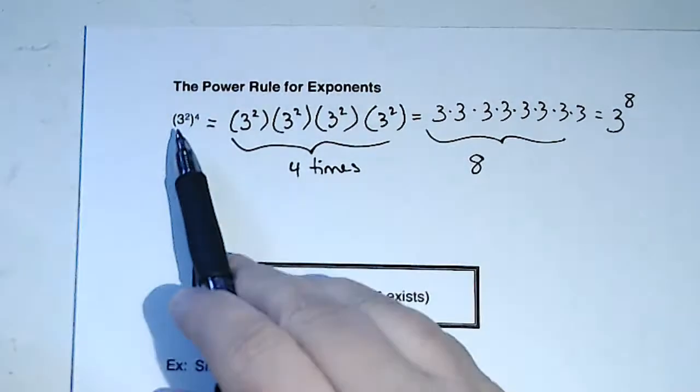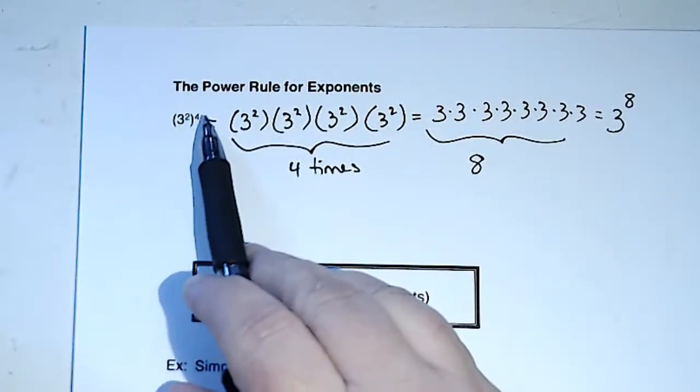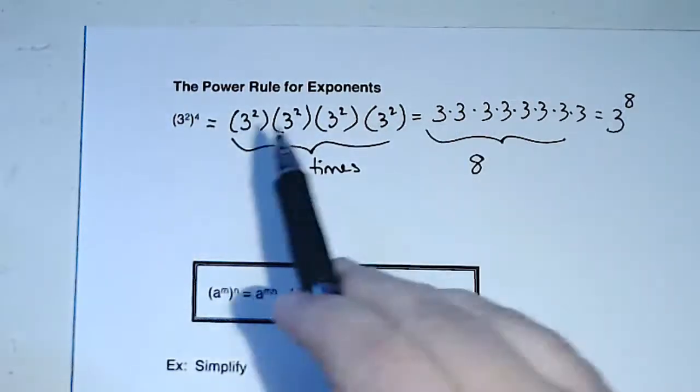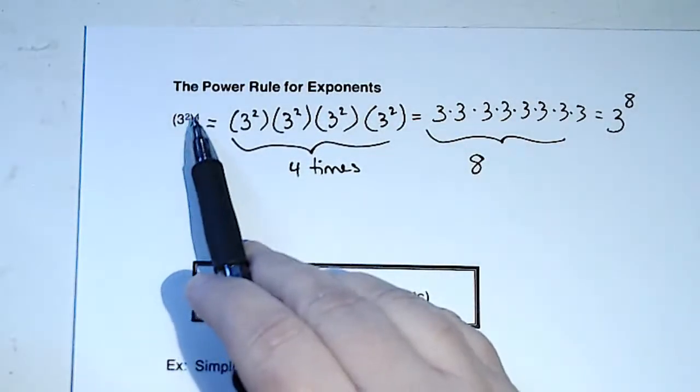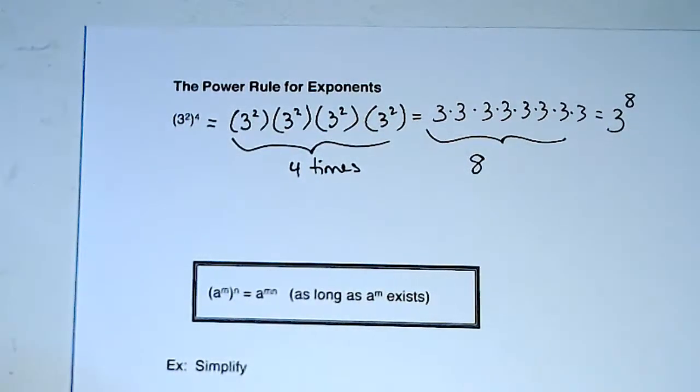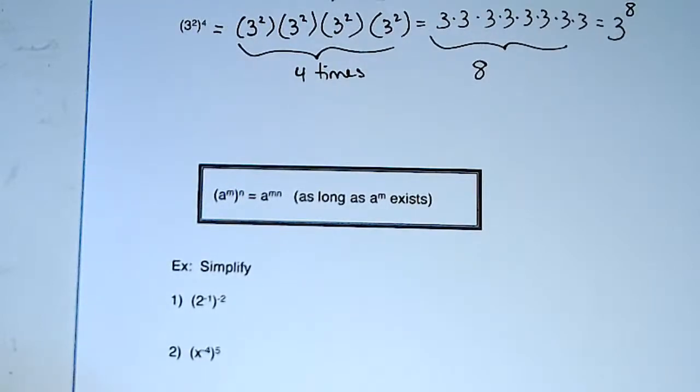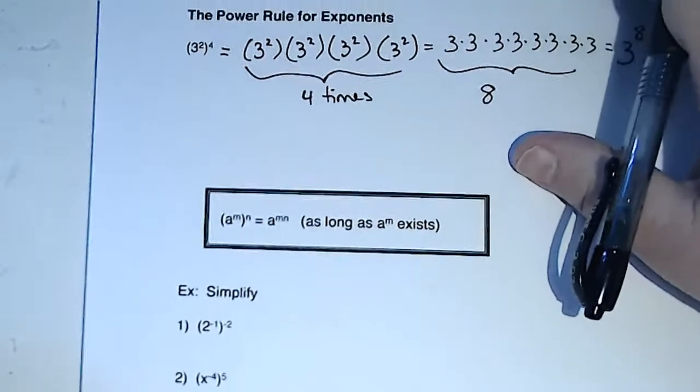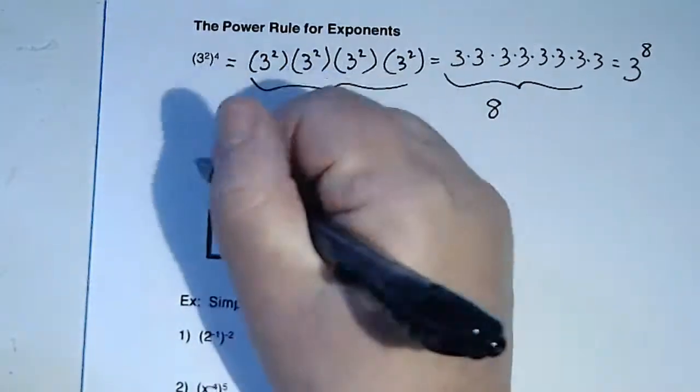So the interesting thing here is I started out with 3 squared to the 4th power, and I ended up with 8. And I'm thinking, how do I get from 2 and 4 to 8? You've got it. You multiply. Now, this is a situation that confuses people a lot. So right above here, because I've got a little bit of space, let me remind you.